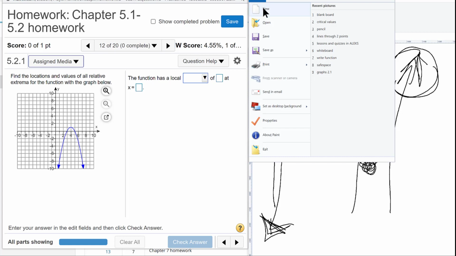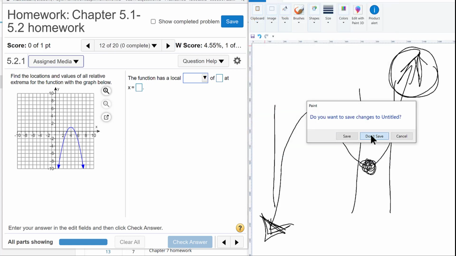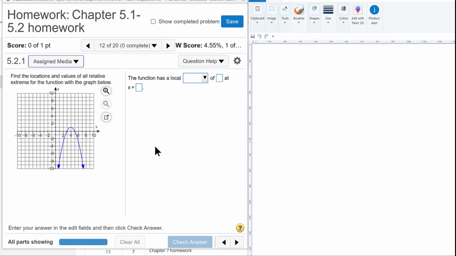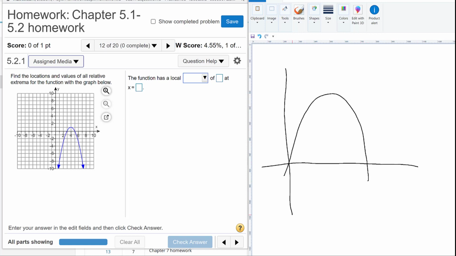So let's answer some of these questions about extrema. Find the locations and values of all relative extrema for the function. Now, one other thing I should mention. There's a point at which the extreme occurs. That's going to be an x value.